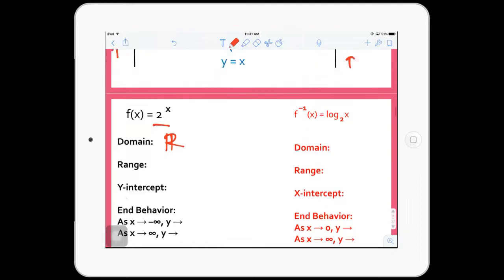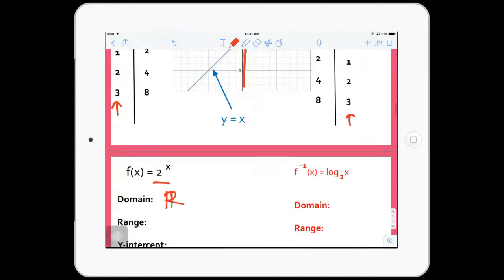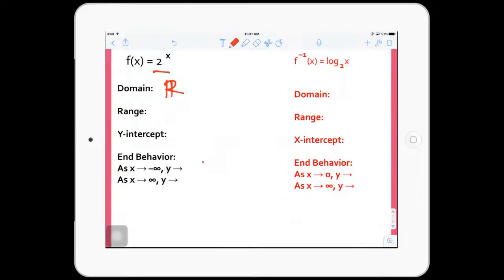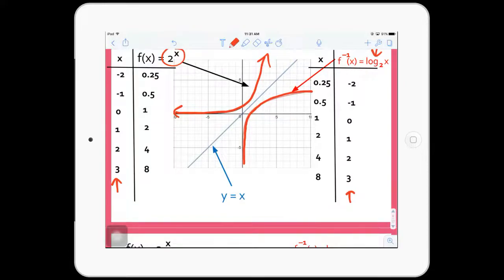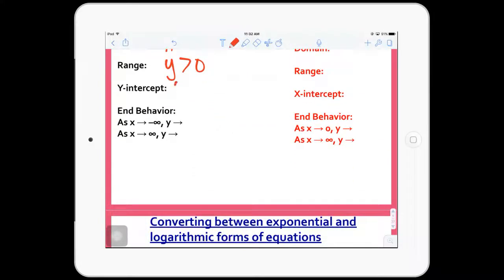And the range, as you can see, is above the x-axis, so y is greater than 0. The y-intercept, we know that anything to the 0 is 1. So all exponential functions, the parent function, will have a y-intercept of 1. So it is (0, 1).